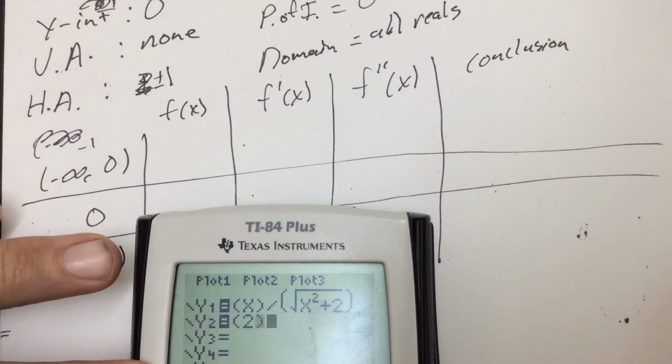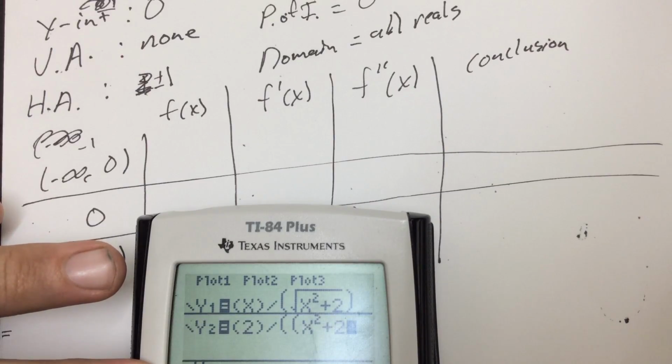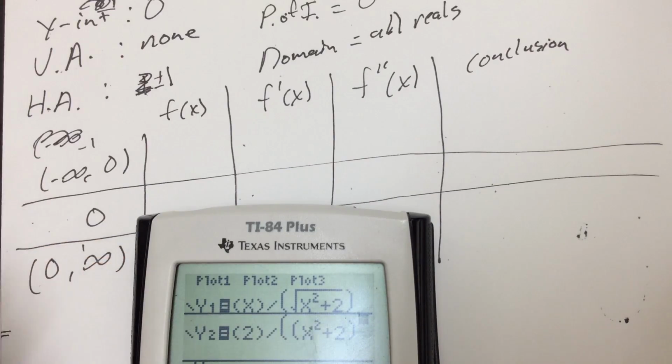So my next one, I have 2 on top. My bottom then is, and I'm going to use exponentials here, and maybe that's what I should have done on the original, but we'll have x squared plus 2 parentheses raised, and I'm going to put it alpha y equals a fraction here of 3 halves.